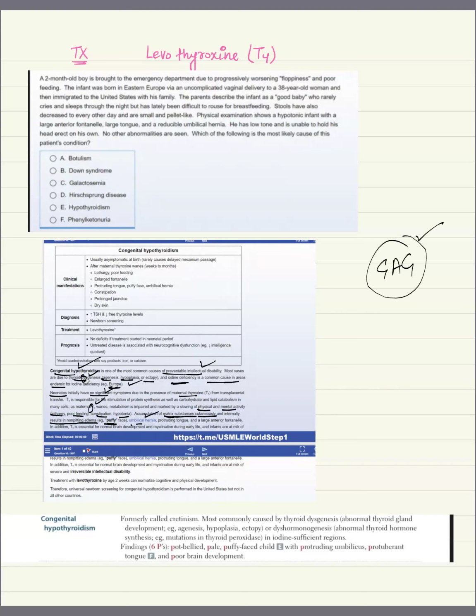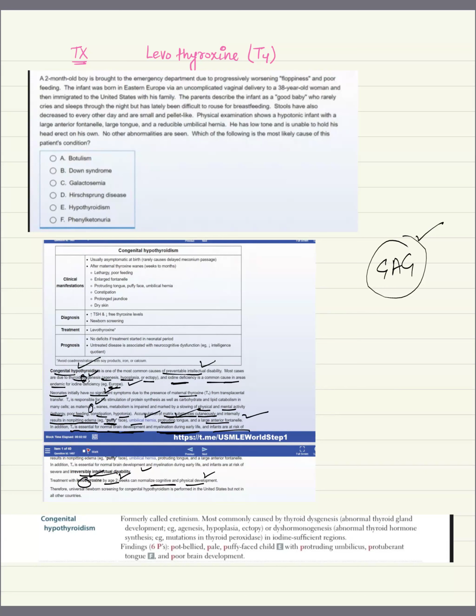Then umbilical hernia, protruding trunk, large fontanelles. T4 is essential for normal brain development and myelination during early life. So infants are at increased risk of intellectual disability if they do not have T3 and T4 in the early years of life. Then treatment: we give levothyroxine, and within 2 weeks it can normalize cognitive and physical development.